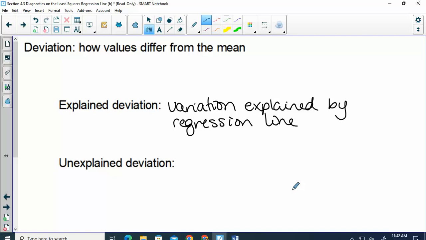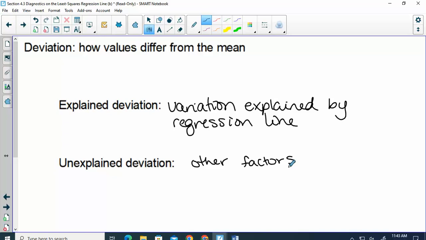We are expecting some variation. We are looking at a lot of different points. We expect them to be different. That R squared is giving us our explained deviation. How much of those differences is accounted for by the fact that they fall on the line? The unexplained would be any other factors. So not by the line, just because we have a poor set of data or something like that.